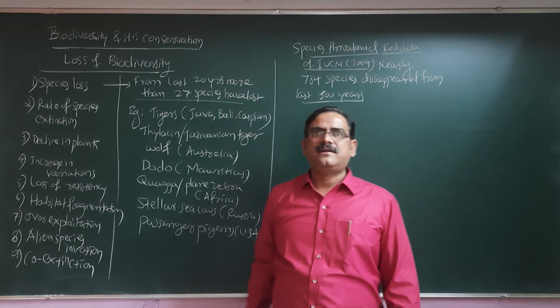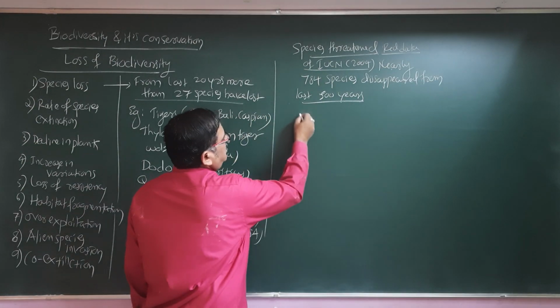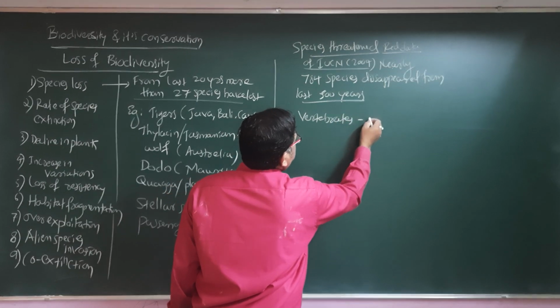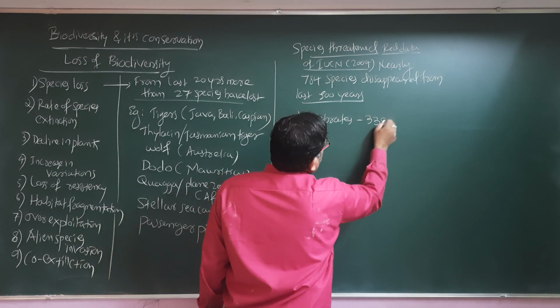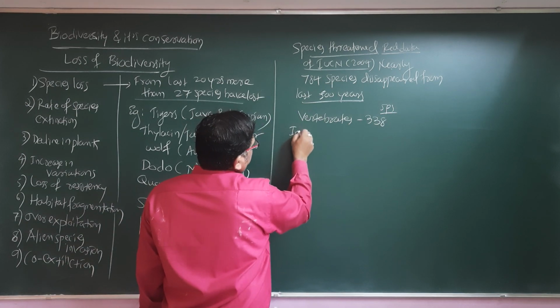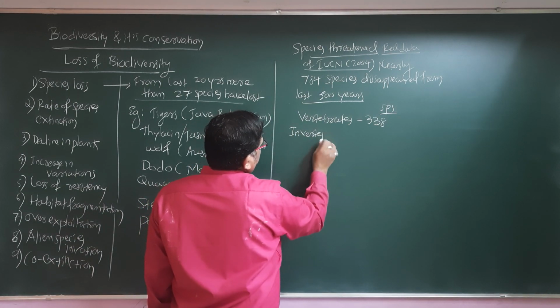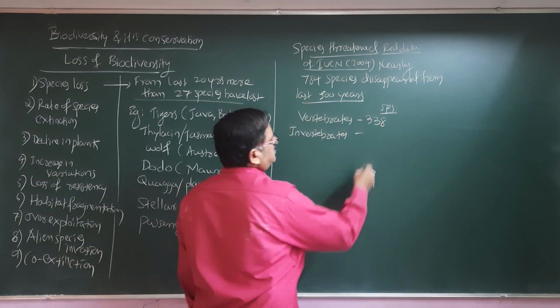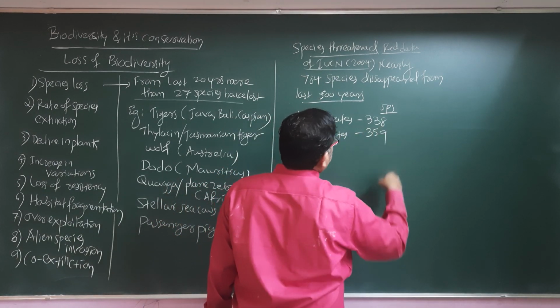Let us understand. They may be vertebrate species, 338 species. Then invertebrates, 359 species.